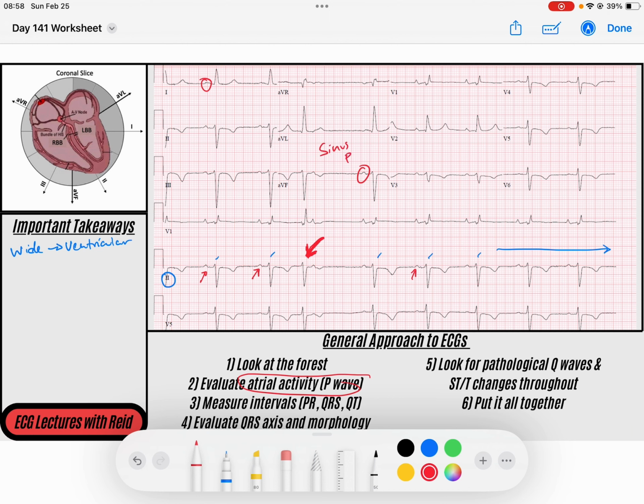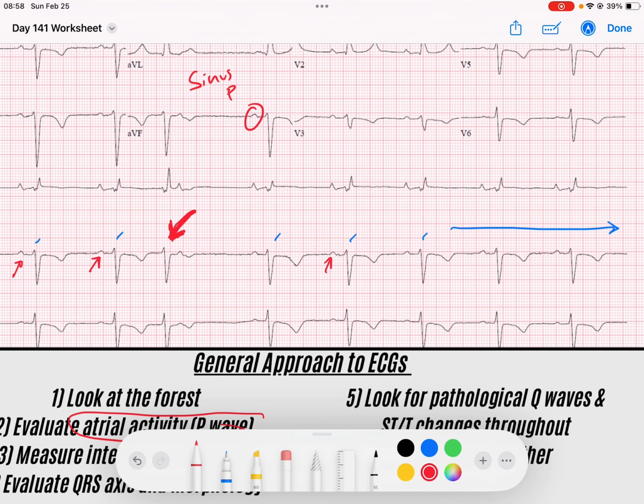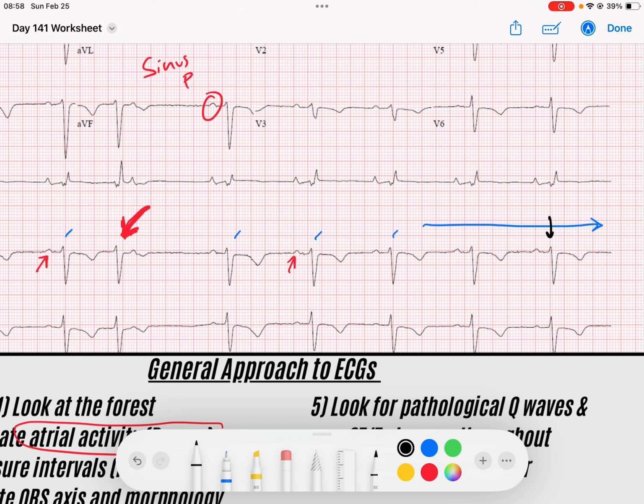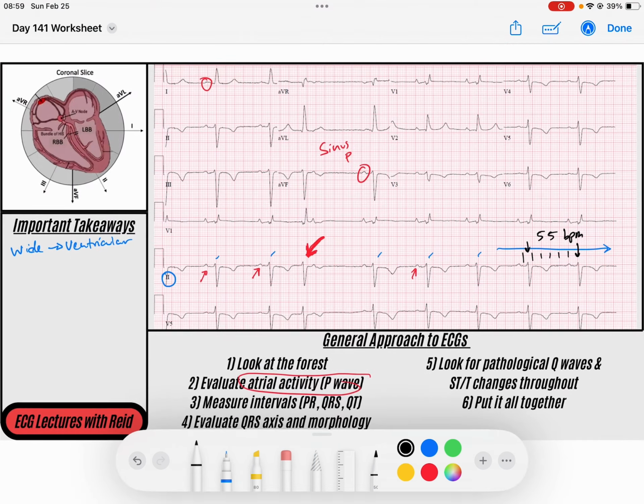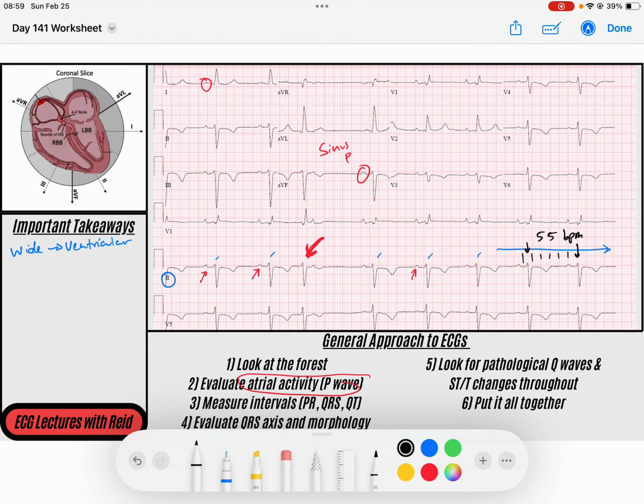And those sinus P waves are occurring at a rate of roughly, if I start maybe here and count backwards, 300, 150, 100, 75, 60, and that would be 50, so somewhere between 60 and 50, maybe 55 beats per minute. So we've got a sinus bradycardia, with this one early beat that has a little bit of a pause after. We'll go through that later.